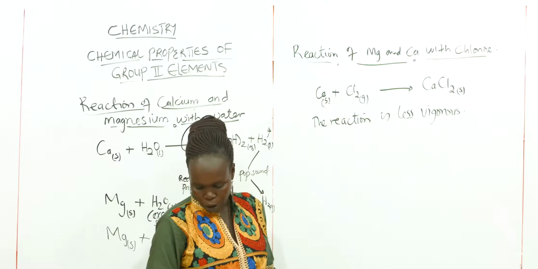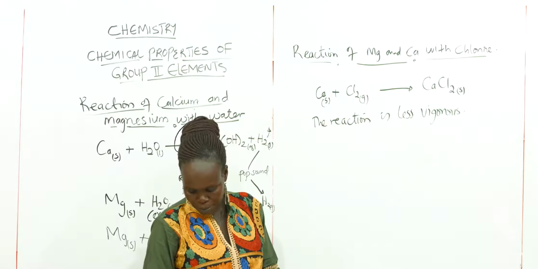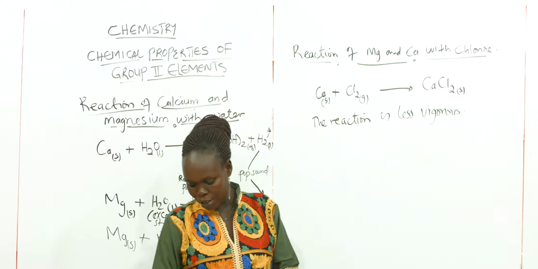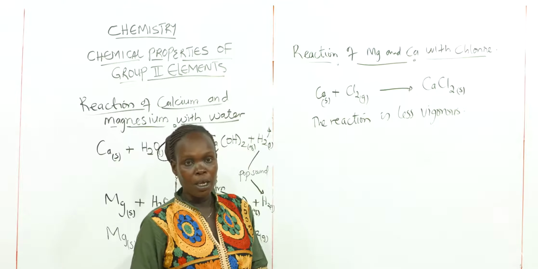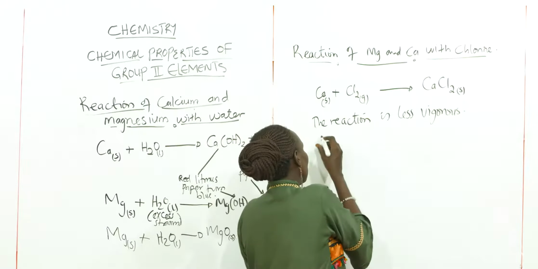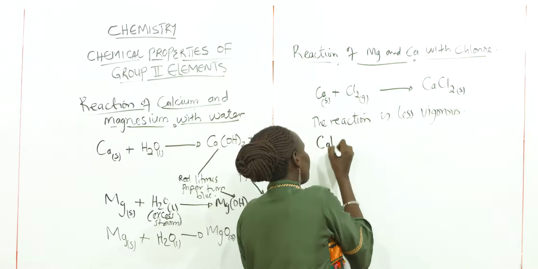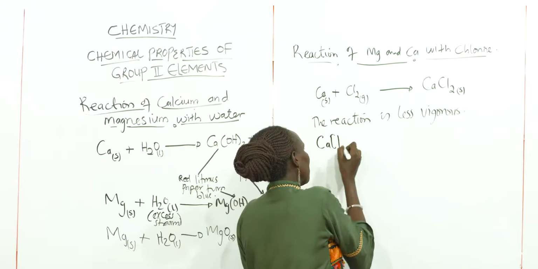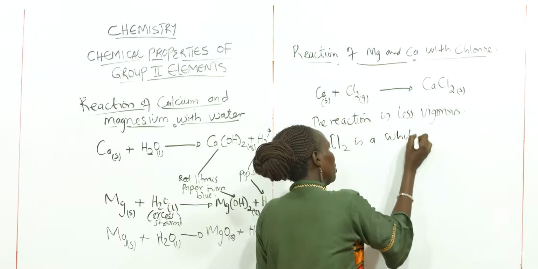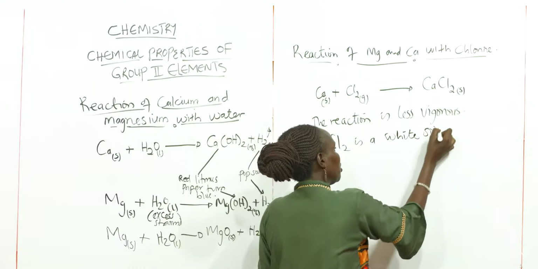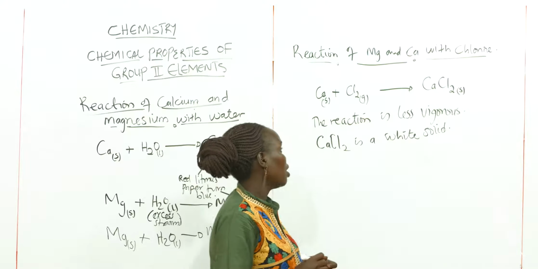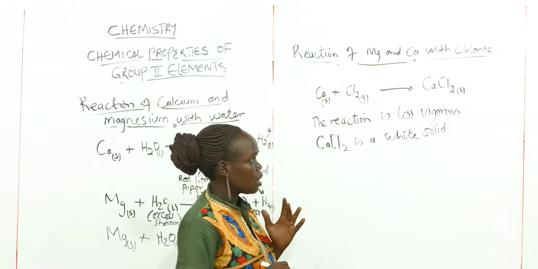Magnesium burns in chlorine with a bright light to form a white solid of magnesium chloride. So remember that calcium chloride is a white solid, and here the reaction is less vigorous.